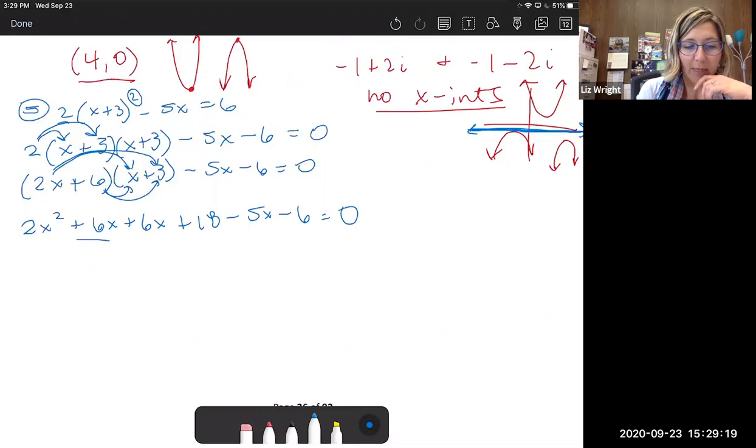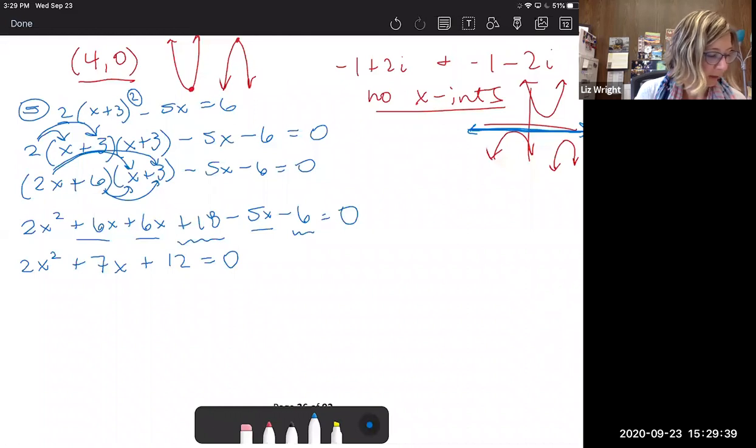So let's combine our x's in here, and we're going to combine our constant terms too. And so we should have 2x squared, 6 and 6 is 12, 12 minus 5 is going to give us 7, and then 18 minus 6 is going to give us 12, and that's going to equal 0. Let me make sure I'm on the right path. I am. And so at this point, we've got it in standard form.